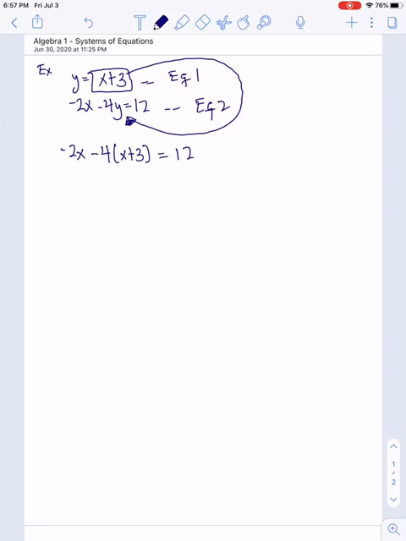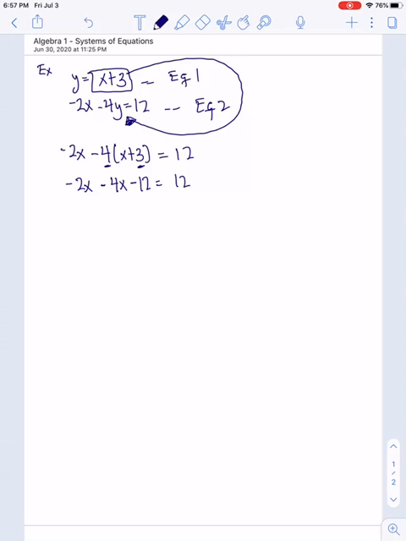All right, so let's break it down a little bit further. We're writing this as negative 2x. Negative 4 times x will be a negative 4x. Negative 4 times 3 will give you a negative 12 equals 12. Now we have to group like terms.